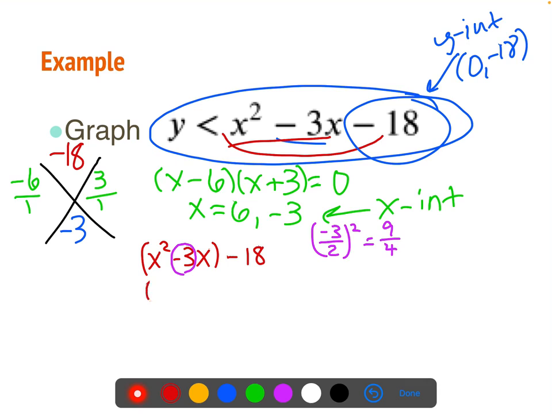So now in my parentheses, I have x squared minus 3x plus 9/4 minus 18. And remember, you have to balance. So if I add in 9/4, I have to subtract it on the outside. Then factor it: x minus 3/2 squared.